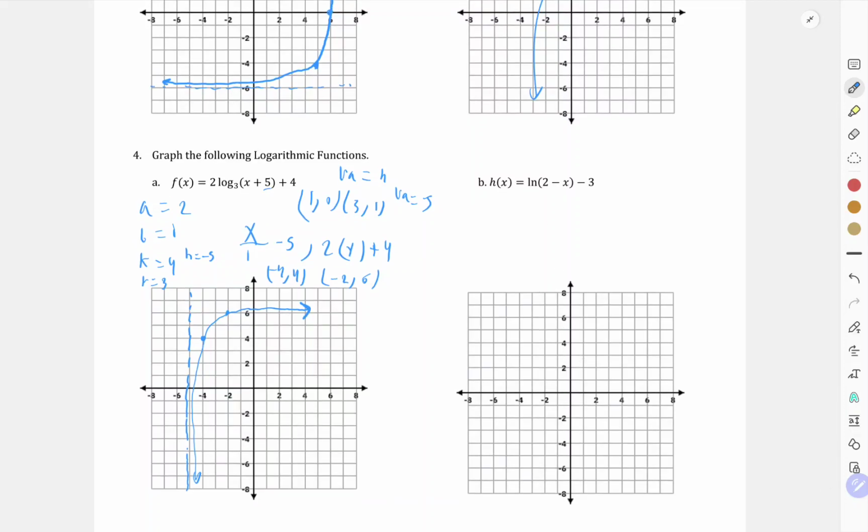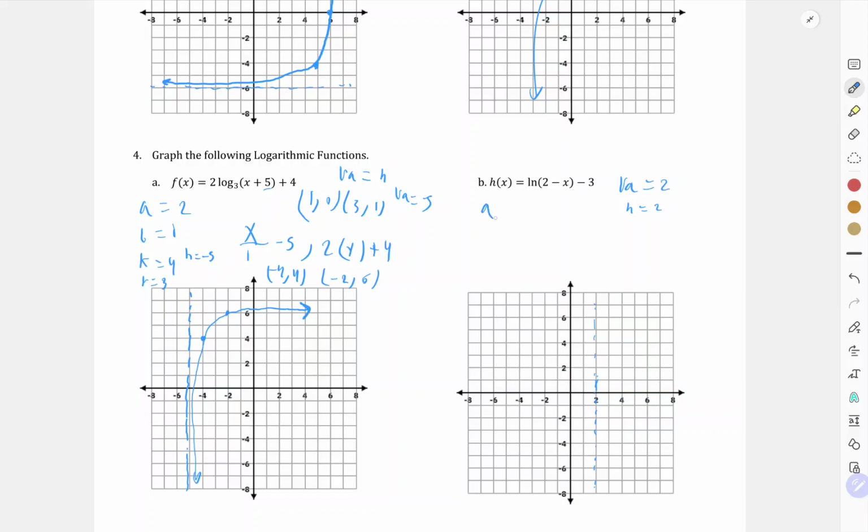And the asymptote, coincidentally, lies on 2. So 2 is down here. Our VA is 2 because our H value is 2.